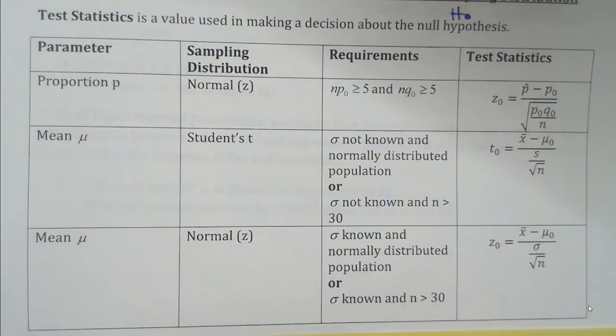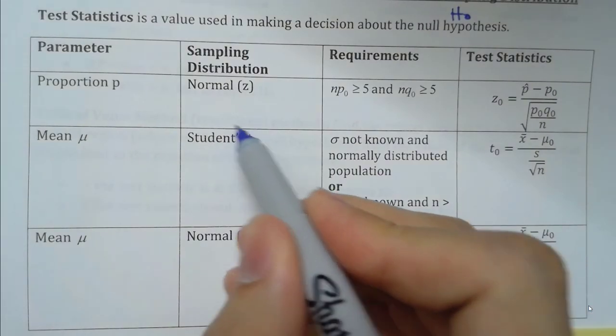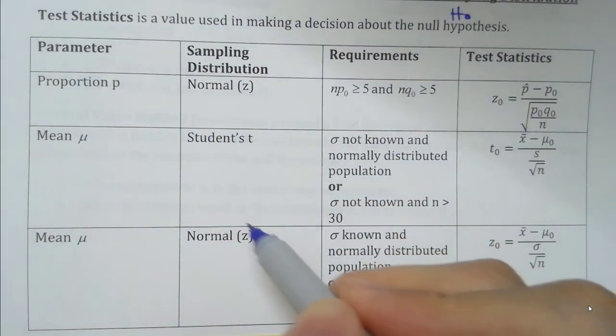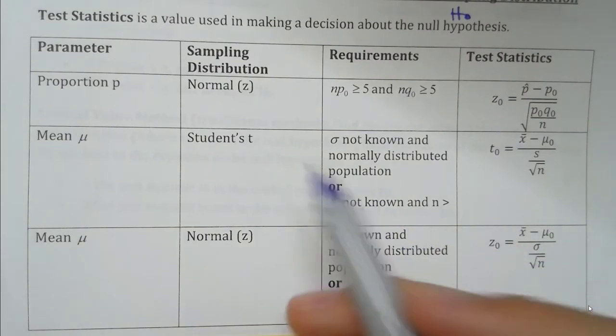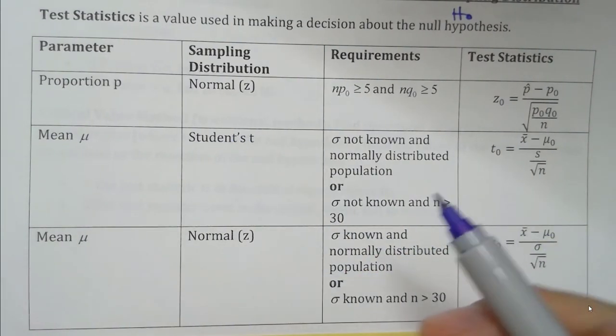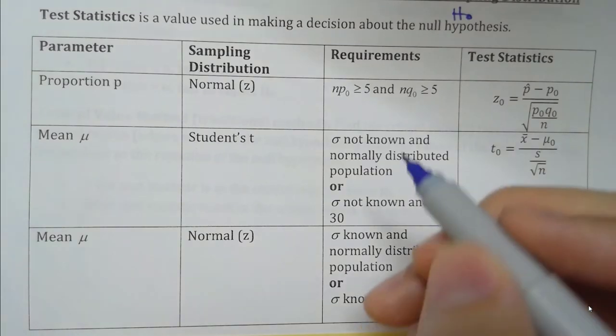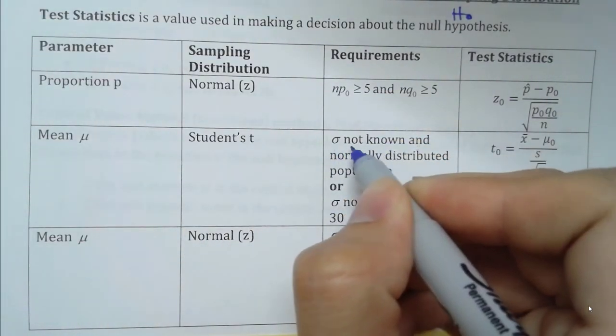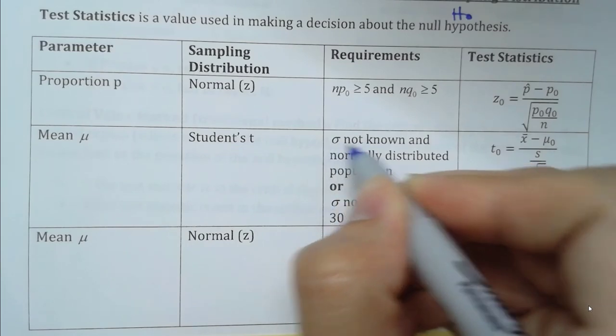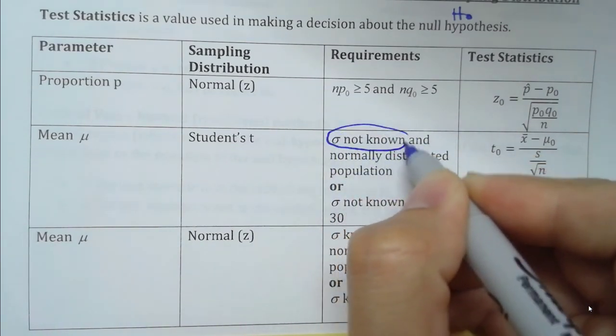For the mean, there are 2 cases: student t distribution and normal z. Now, how do I know which one to use? Well, I check the requirement. We use the student t distribution when the population standard deviation sigma is not given for you.